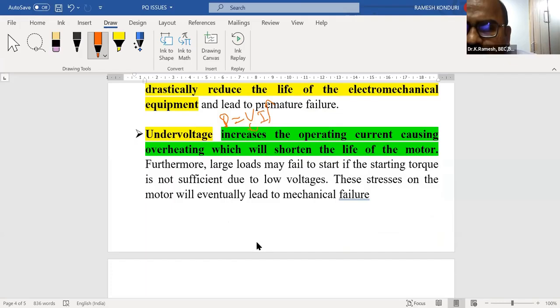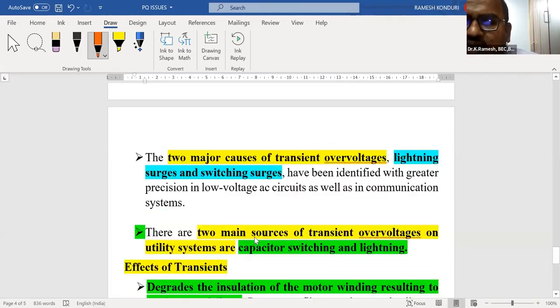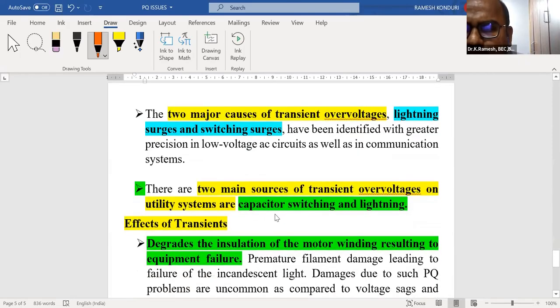Next we will be having the transients, which are also a part and parcel of our power quality issues. These are due to lightning surges and switching surges. Two main sources of transient over voltages on utility systems are capacitor switching and lightning.